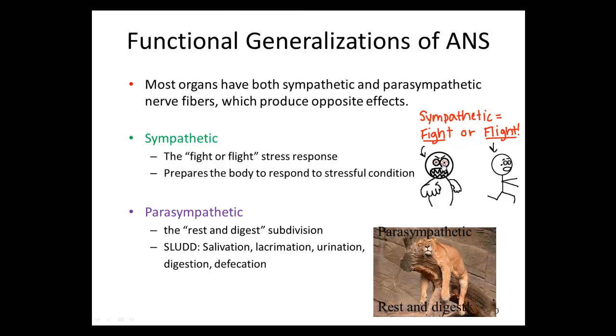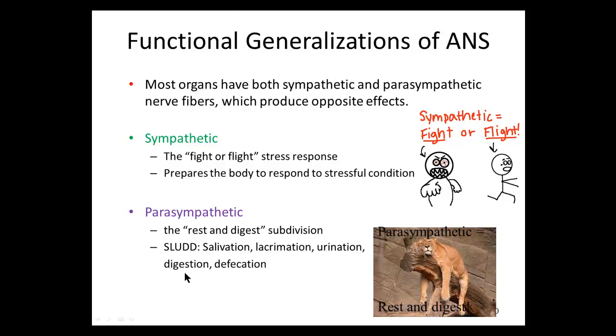The parasympathetic response from the autonomic nervous system we call the rest and digest subdivision, which means you're just kind of hanging out, you're relaxed, you're digesting your dinner, so you have nice saliva production, you feel the urge to urinate, digestion is going along fine, you have the urge to have a bowel movement. That's all when the parasympathetic nervous system is dominating.